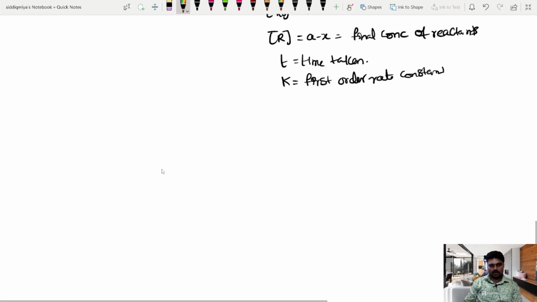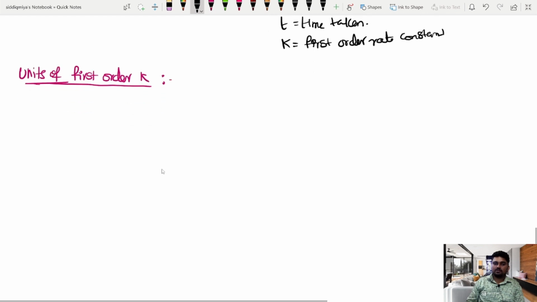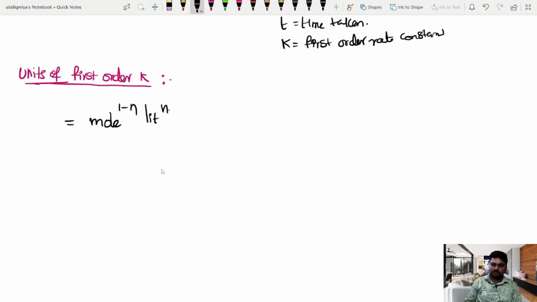Right. Now we are going to derive the units of the first order rate constant k. What is the common formula for units of k? Mole power 1 minus n, liter power n minus 1, and second inverse.